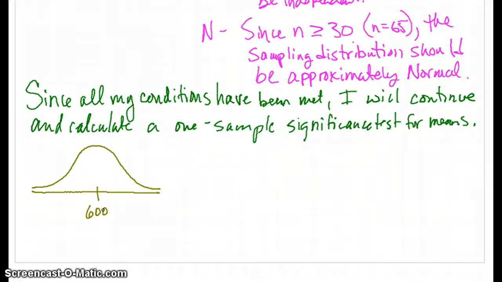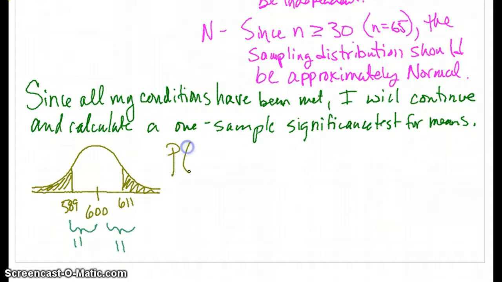And we were given a sample mean of 589. So I'm going to shade to the left, but we have to remember this is a two-tailed test. So I'm also going to have to shade to the right. Please don't forget the difference between these two is 11. Therefore, I need another distance that is 11.